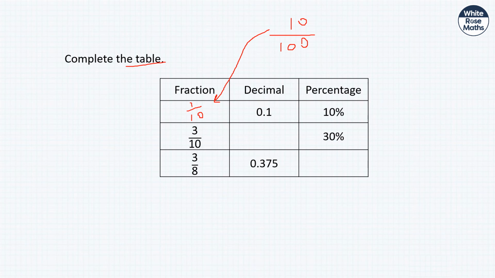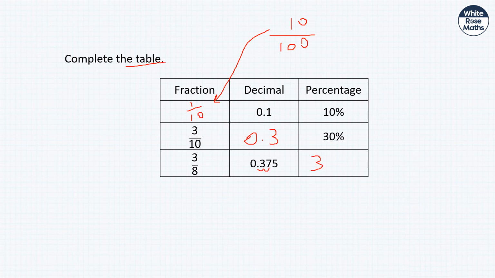The next one, 3/10, 30%, that'll be 0.3. 30 divided by 100 is 0.3, or 3 divided by 10 is 0.3. Either way will give you the same answer. This next one, decimal to percentage, I times it by 100, so I move it 2 places.